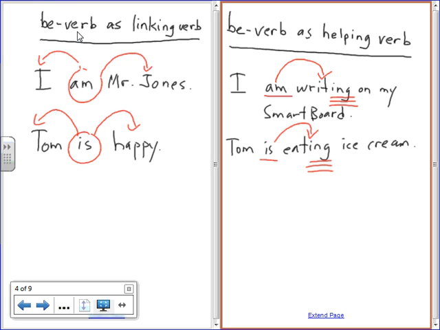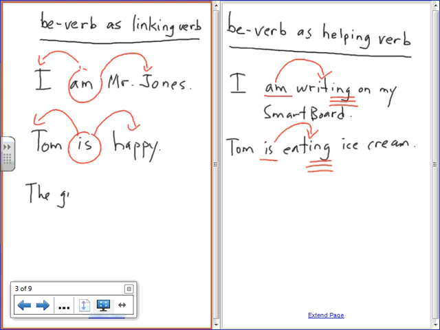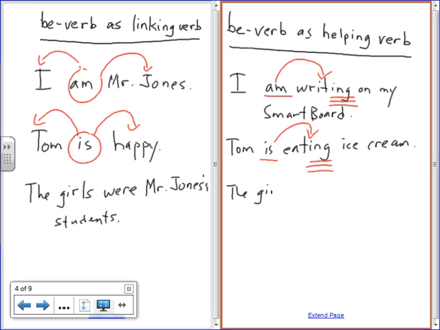One more example. The girls were Mr. Jones's students. Versus over on the right, the girls were studying verbs.